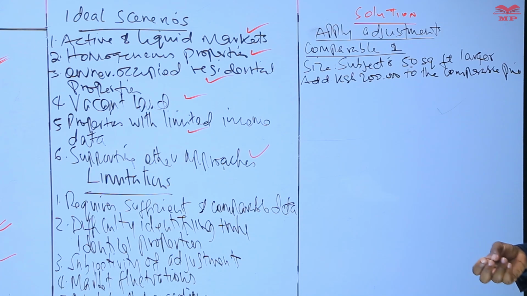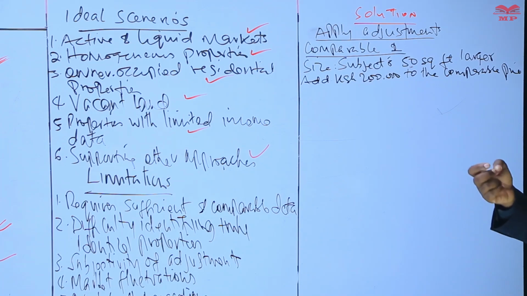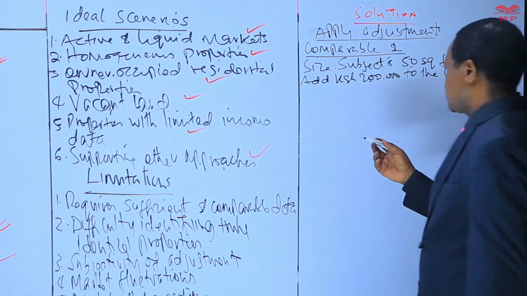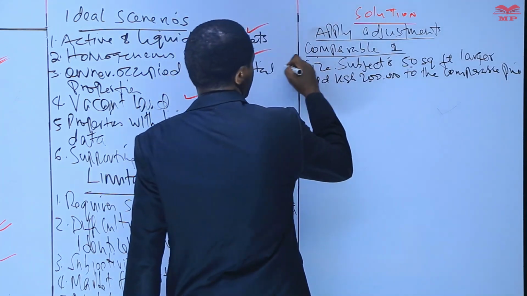Now look at the condition of the first comparable. The condition is the same as the subject. Do you see that? Comparable 1 condition is the same as the subject. And if it is the same as the subject, then no adjustment is required. So the first one here was size.